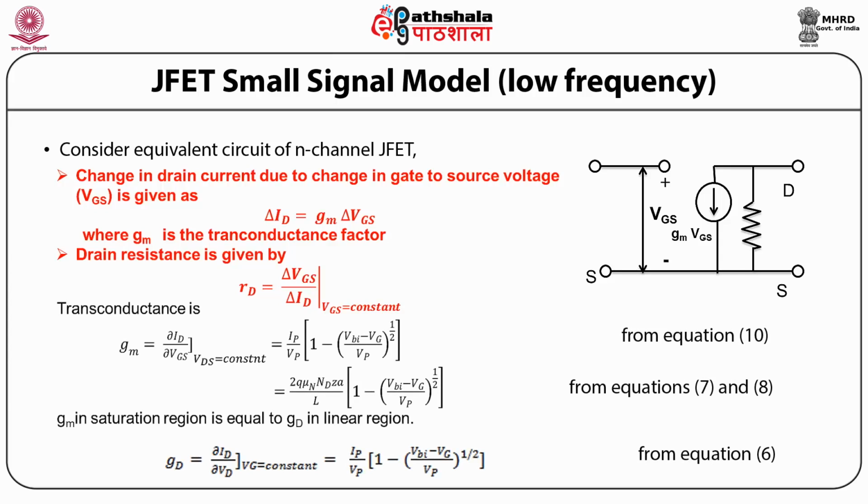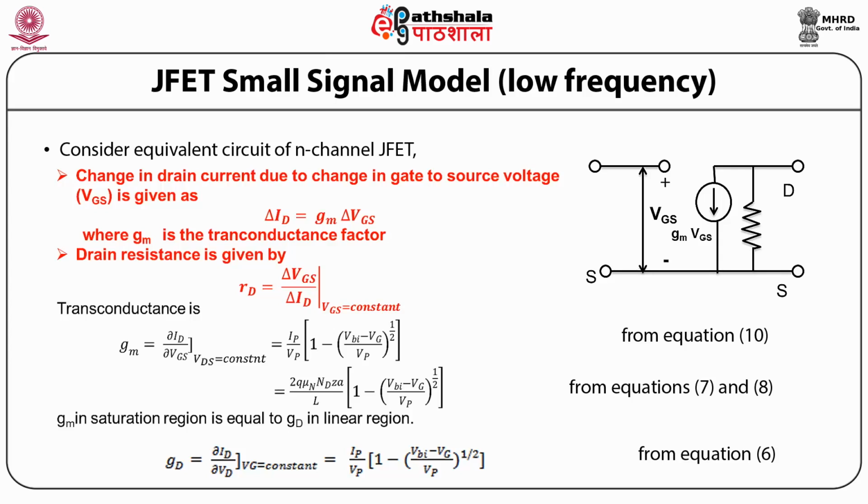The transconductance is the reciprocal of the drain resistance, so g_m equal to delta I_D by delta V_GS at constant V_DS, that is taking the partial derivative of I_D with respect to V_GS at constant V_DS, equal to I_P by V_P multiplied by 1 minus (V_bi minus V_G by V_P) to the power half.